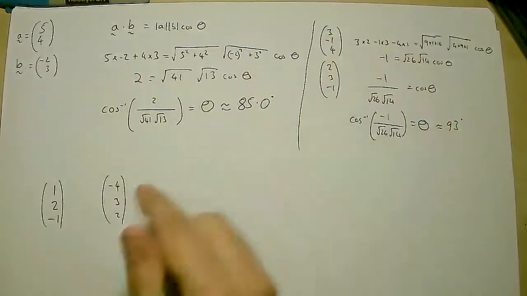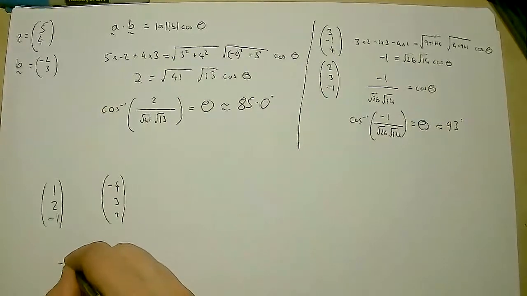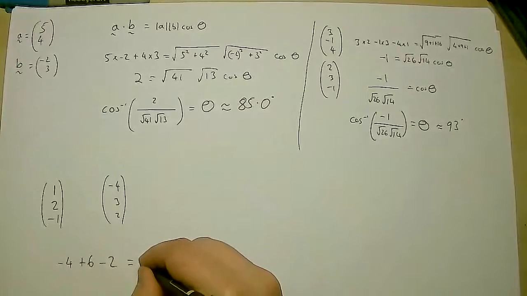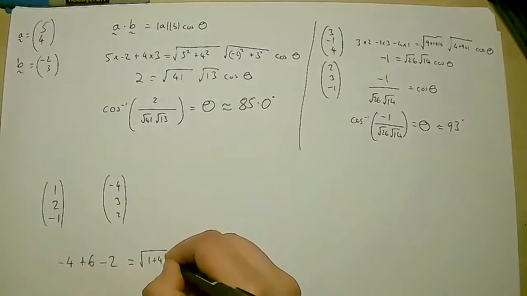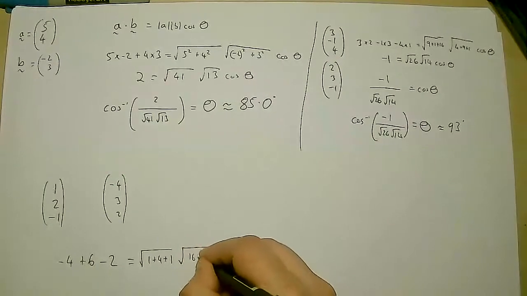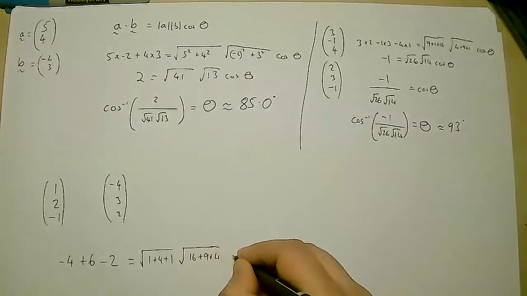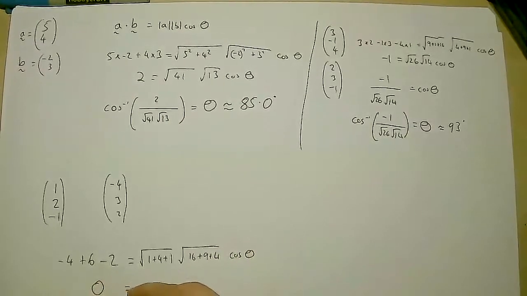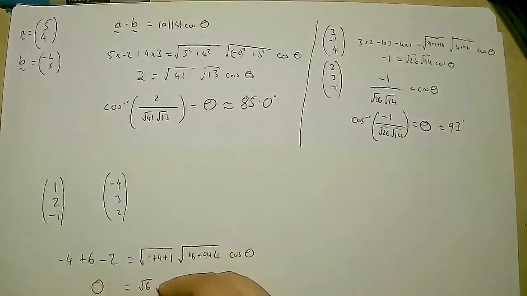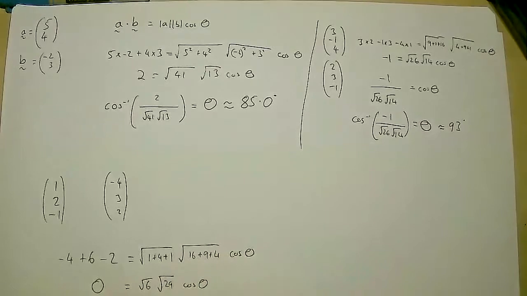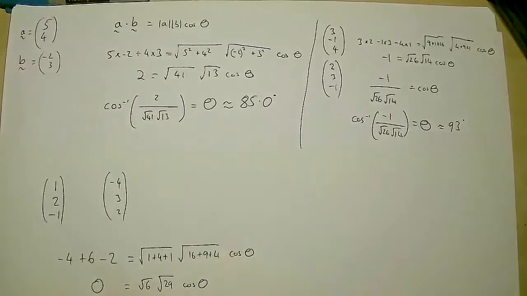Again, applying this system, we get -4 plus 6 take 2 equals square root of 1, 4, 1 by 16, 9, 4 cosine theta. Now this left-hand side, -4 plus 6 take 2, is 0. When I divide that through, I get 0 equals cosine theta.